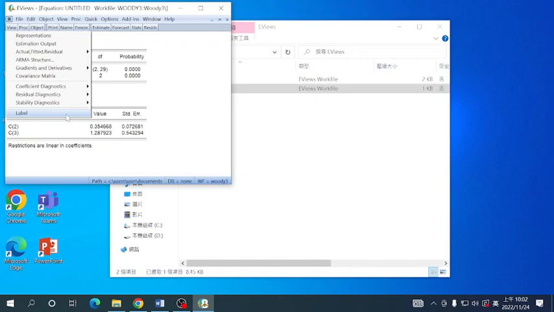Both use the 5% level. Is that clear? This is due next week.